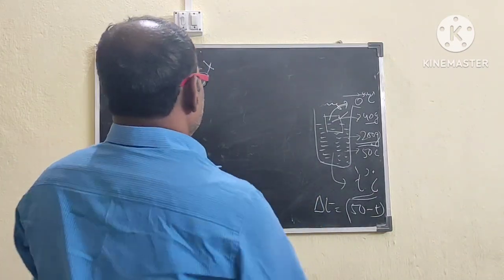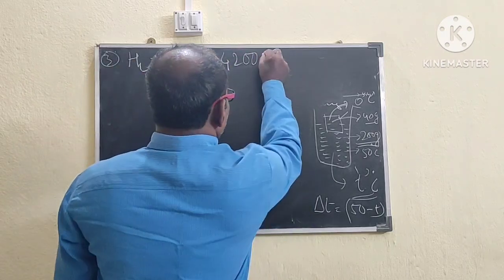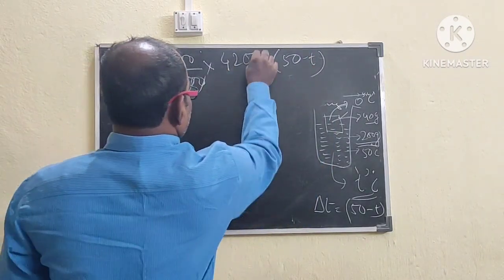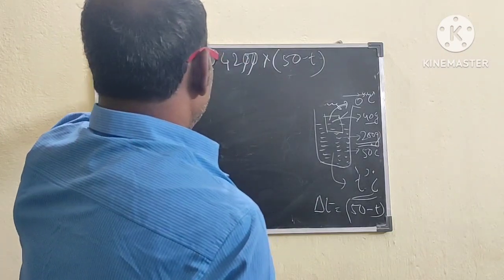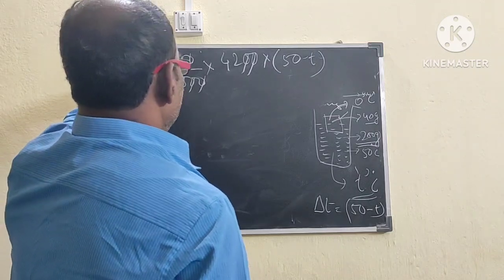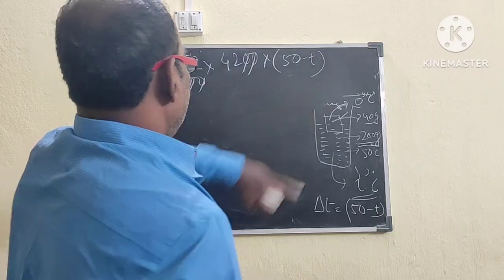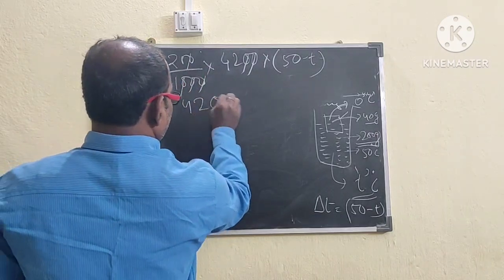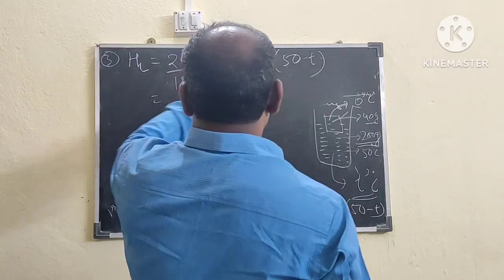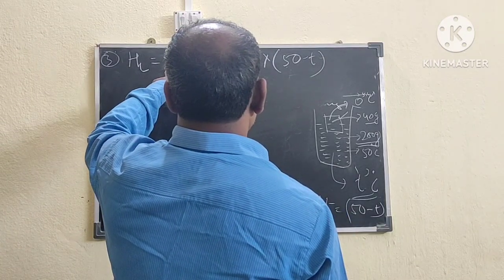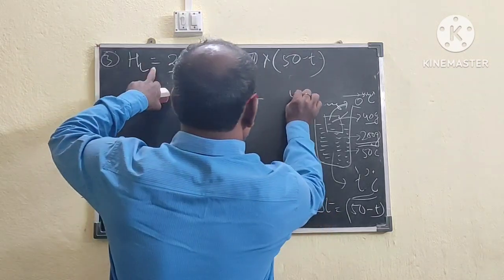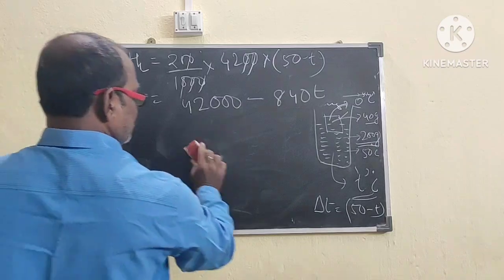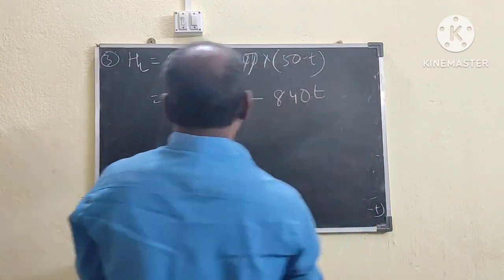Into specific heat was 4200 into 50 minus T. So automatically we are getting here 20 into 42 into 50 minus T. So by doing the simplification, we get this.